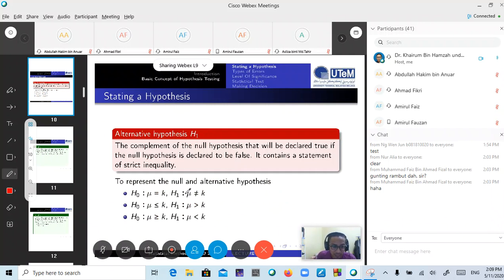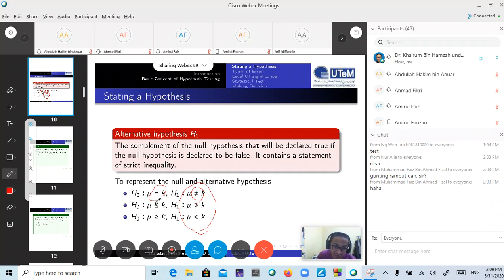Kalau kita tengok macam ni. To represent the null and alternative hypothesis, H0 is the null hypothesis. If the null hypothesis is mu equal to k, then the alternative hypothesis dia akan complement for this one. Dia akan jadi not equal. Sebab seperti yang saya mention tadi, alternative hypothesis tak boleh ada equal sign. So if your H0 is less than or equal to k, H1 becomes greater than.